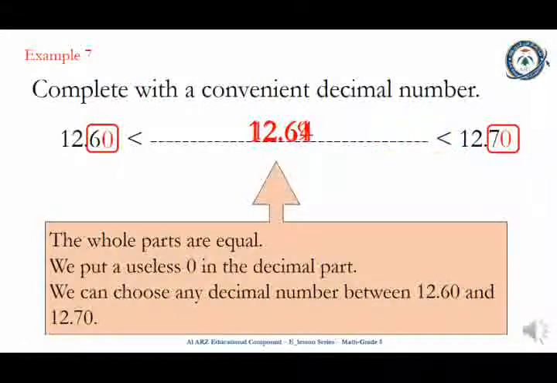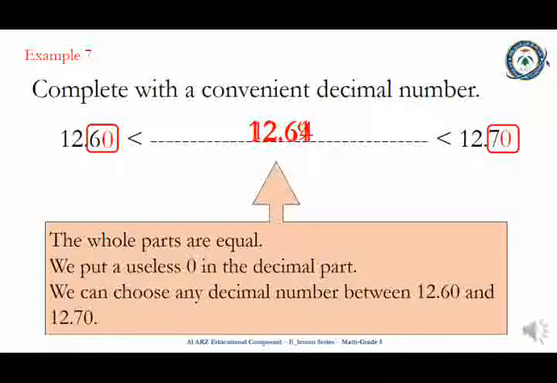Example 7. Complete with a convenient decimal number, 12.6 and 12.7. In these two numbers, the whole parts are equal and the decimal parts are consecutive. So we should put a use of 0 in the decimal part and start talking about hundreds.